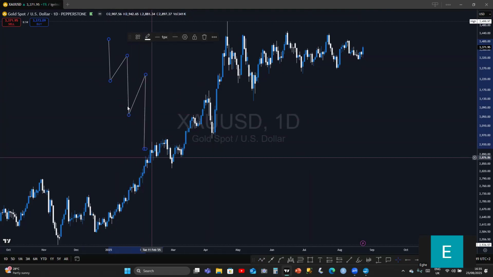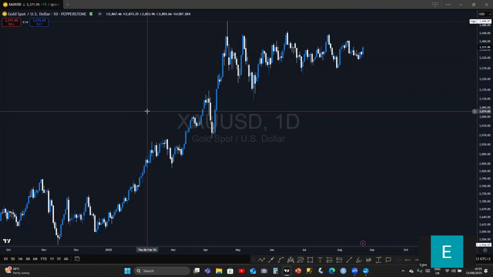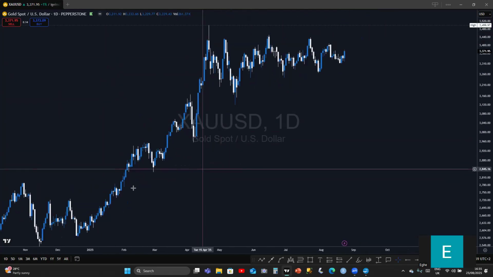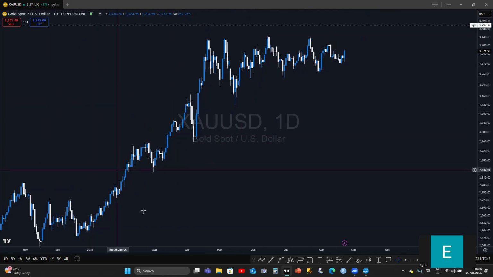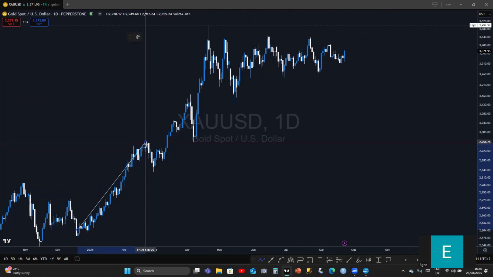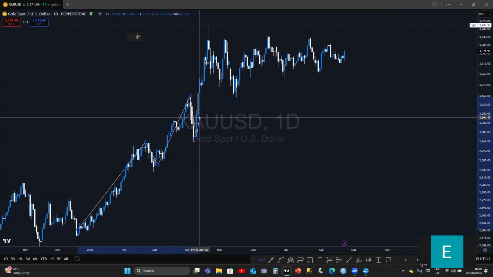So once you see this scenario, you know it's a bearish trend. Once you open your chart and see this kind of scenario, you just know this is a bearish trend.